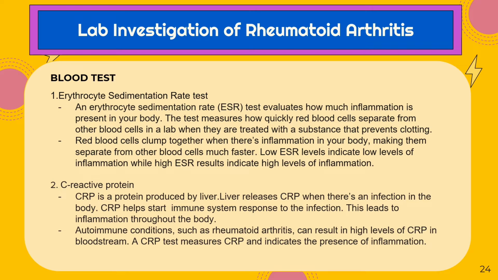The first blood test is erythrocyte sedimentation rate. An ESR test evaluates how much inflammation is present in the body. The test measures how quickly the red blood cells, called erythrocytes, separate from your other blood cells in a lab when they are treated with a substance that prevents clotting.